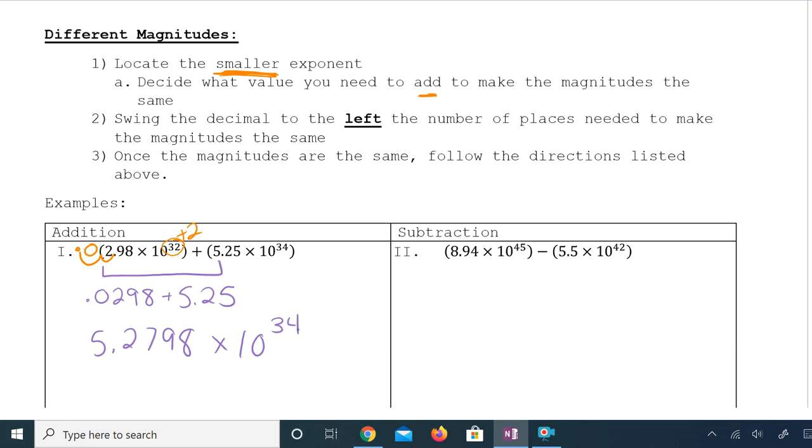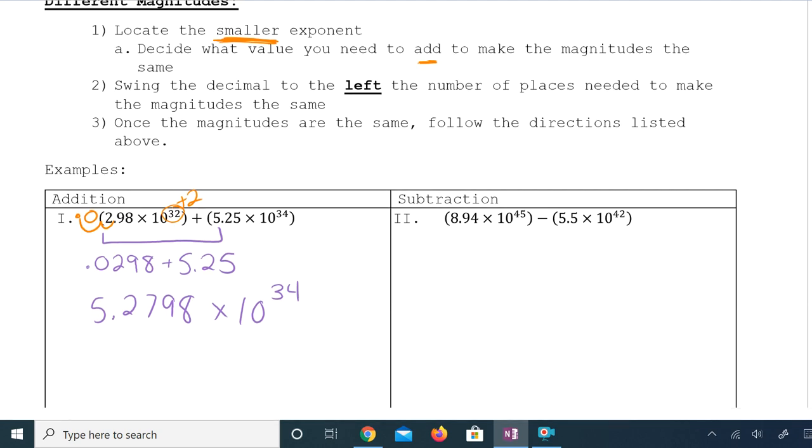Okay, if we look at my second example here, I can see I first need to locate my smaller exponent. My smaller exponent is 42. If I want to get 42 to equal 45, I need to add 3, which means I'm going to take my decimal in 5.5 and move it 3 places to the left, which then results in me needing to subtract 8.94 and 0.0055.